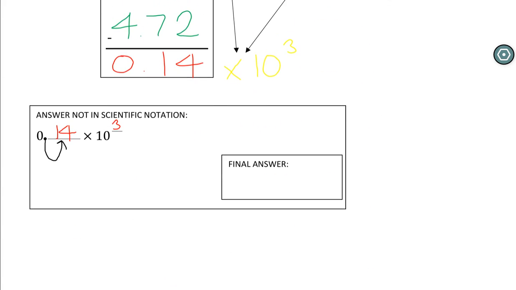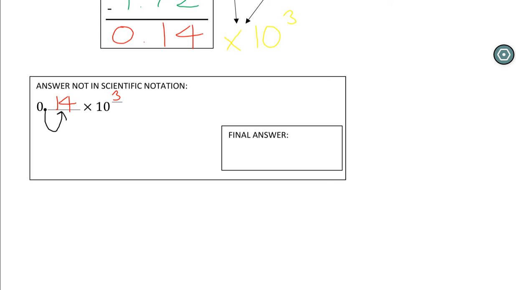So I move this over once to the right, so we're going to subtract only 1. So we're going to have 1.4 times 10 to the power of 2.